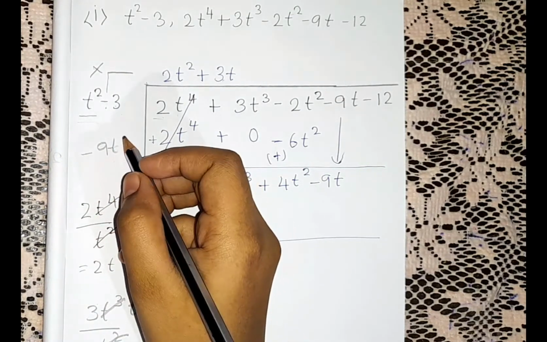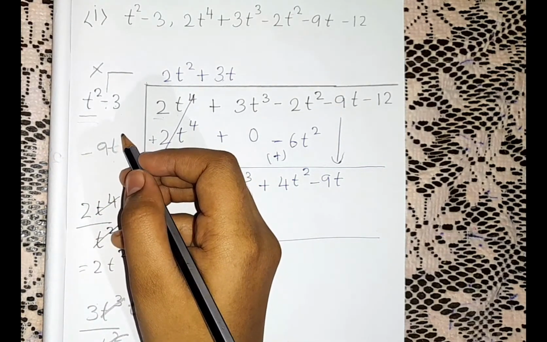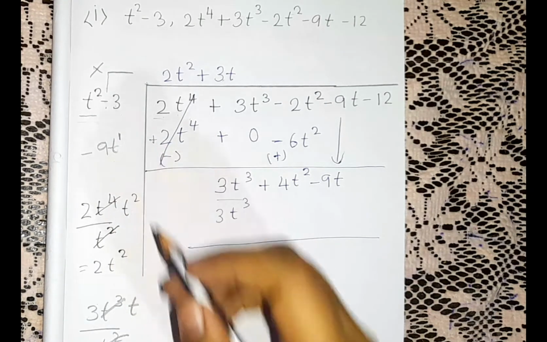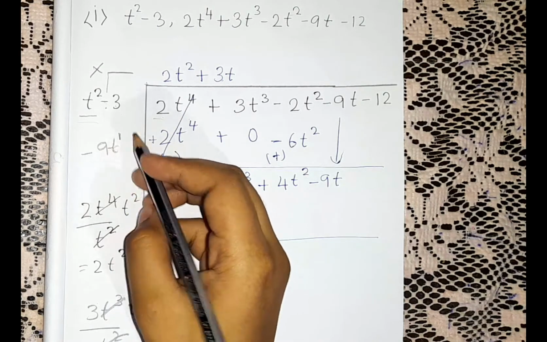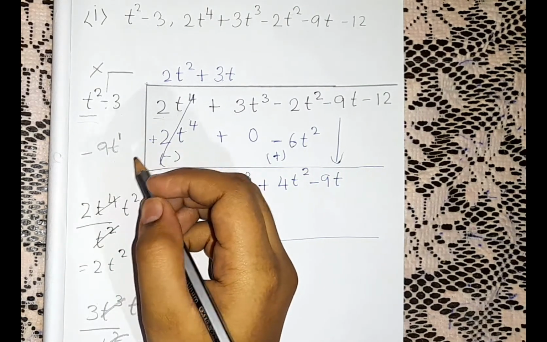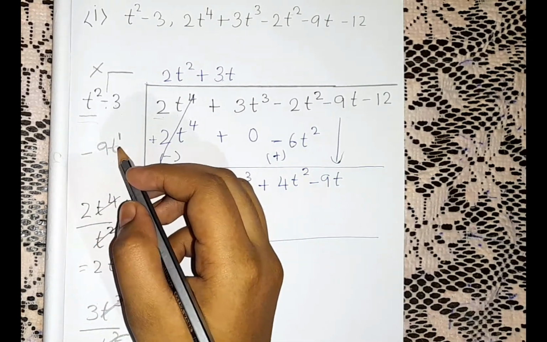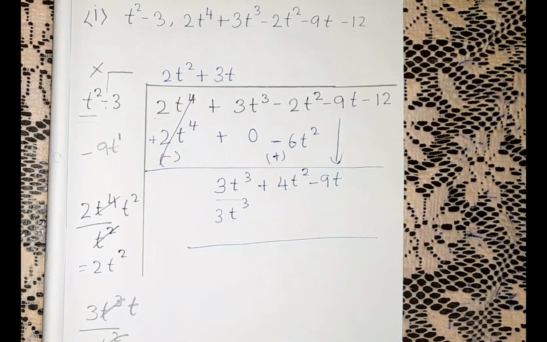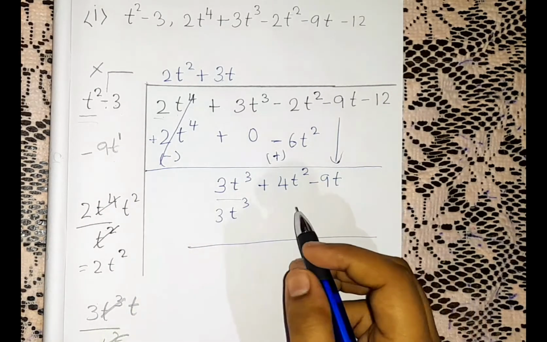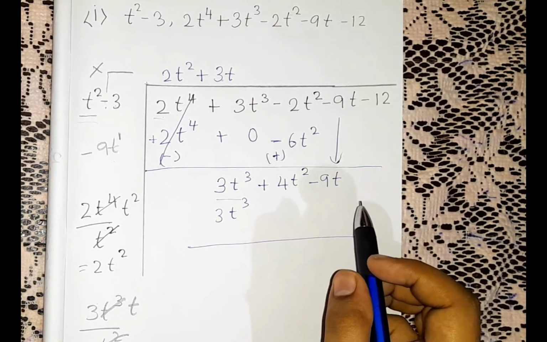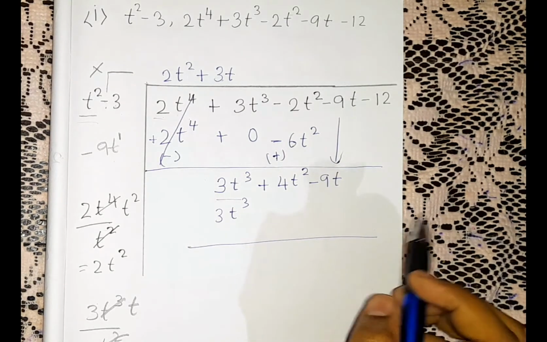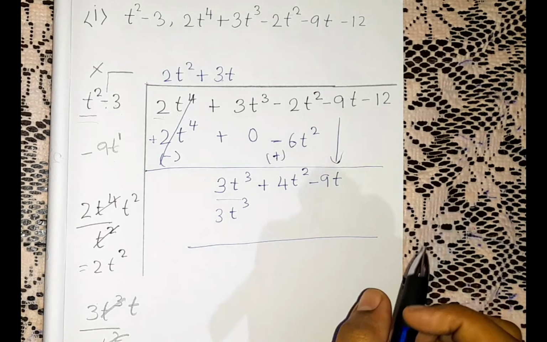Here, what is the power of the t? The t has a power 1. Am I right? If you write it as minus 9t power 1, it's okay. For your understanding, I just wrote it right over here. In this term, wherever we have the variable power as 1, we are going to be writing beside that.